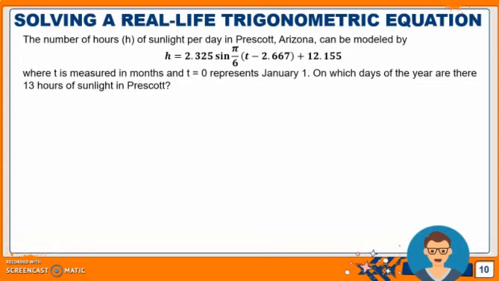The worded problem states that the number of hours H of sunlight per day in Prescott, Arizona can be modeled by the formula H = 2.325 sin(π/6 (t − 2.667)) + 12.155, where t is measured in months and t = 0 represents January 1.